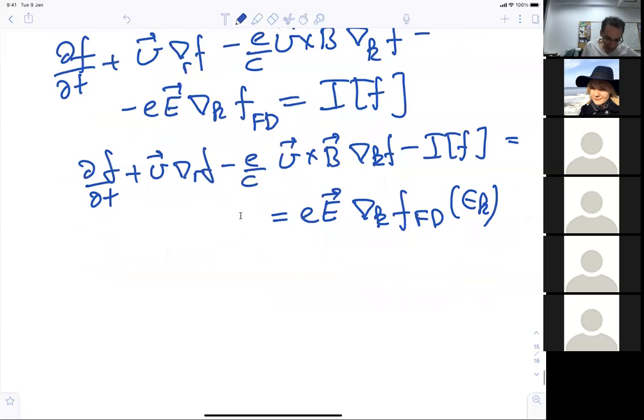Now V cross B times gradient K acting on F, I can write in polar coordinates.